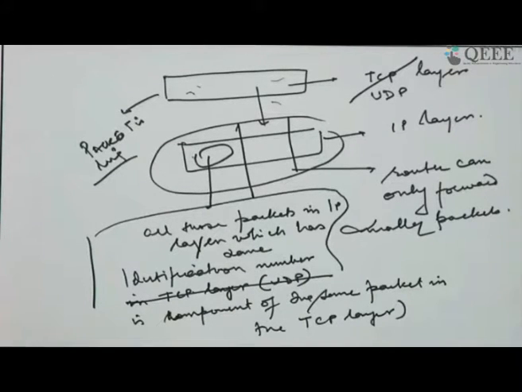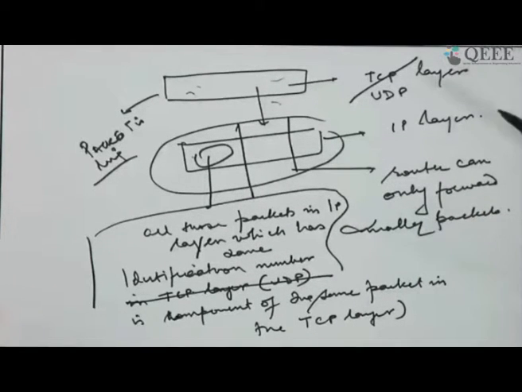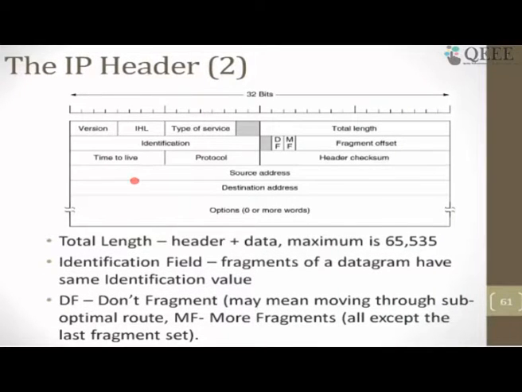So you divide the packet into smaller fragments, and in the header you have to identify that all these fragments belong to the same packet. That is done through the identification field.